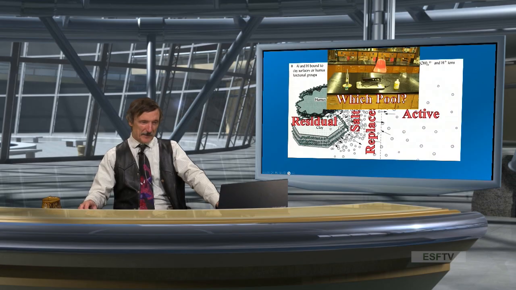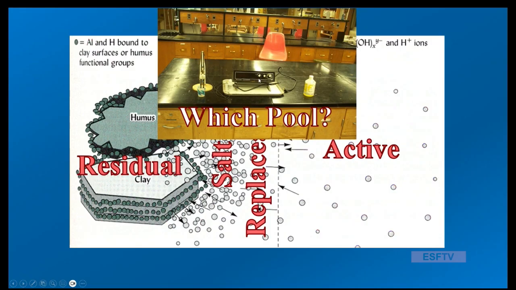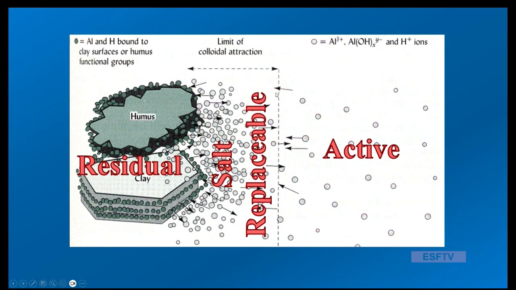So now here's a picture of a pH meter, right? And so the question is, I've got a soil sample here, I brought it in. Which pool does this capture? I measure the pH, I put my little wand in. You'll do this this week. And you have a pH meter. Which of these three pools are you measuring when you use this pH meter? Active, right?